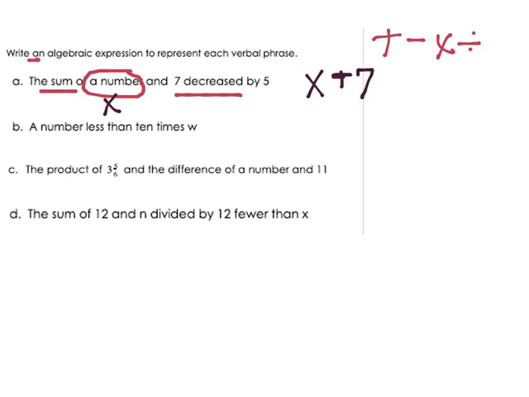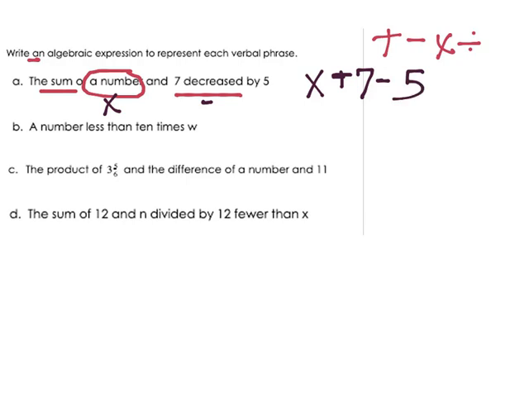Decreased by 5. I know that decreased means subtraction, so I need to make sure that I am taking 5 away from this sum. So the sum of a number and 7 decreased by 5. Yep, I don't have the word less than or the phrase less than, so I know I don't have to use my switch rule. So I'm just going to subtract 5.